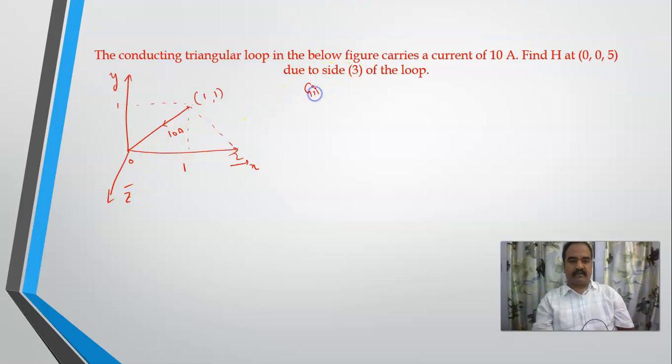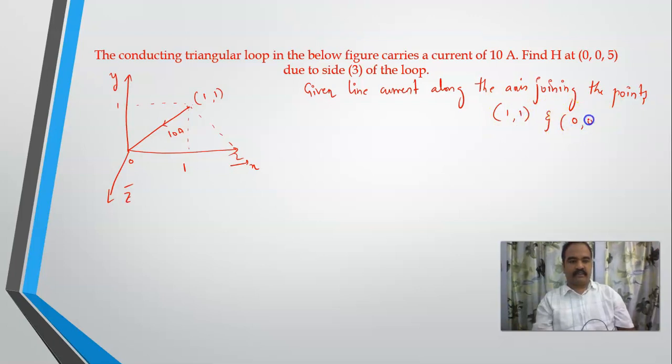So given there is a line current along the axis joining the points. What are the 2 points? One is (1, 1), the other one is (0, 0).